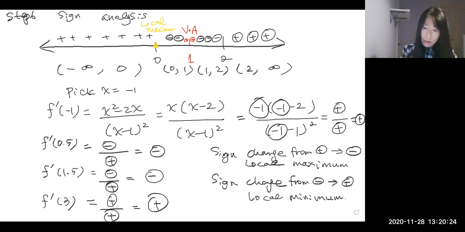So we cannot say anything. And then from 2 to the rest, there is a change from negative to positive. So negative to positive, there is a local minimum.